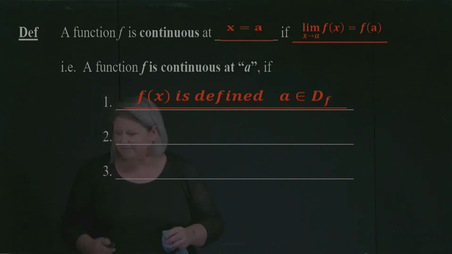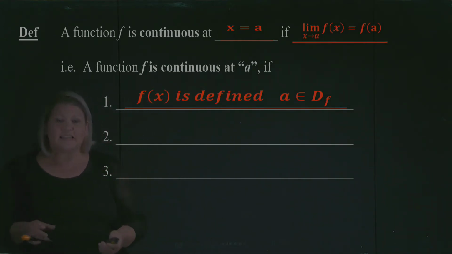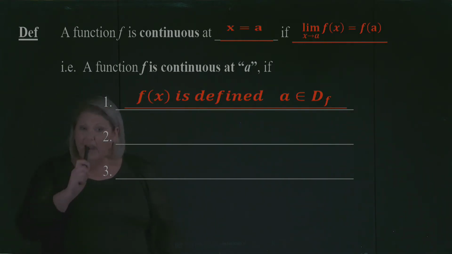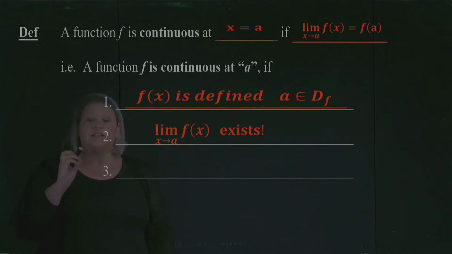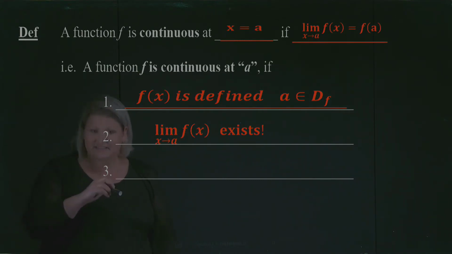The first one: f of x is defined at a, and a is an element of the domain of f. The next condition: the limit of f of x as x approaches a exists. In other words, the left-hand limit equals the right-hand limit. You've got to show that.